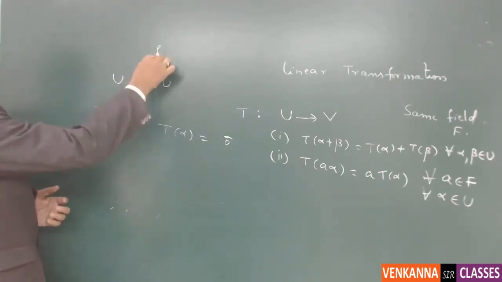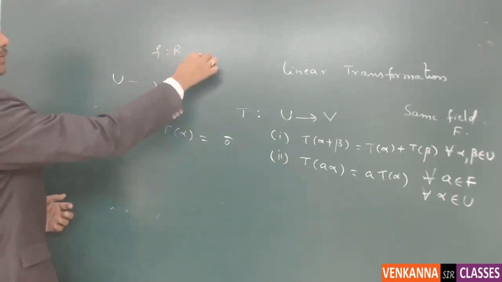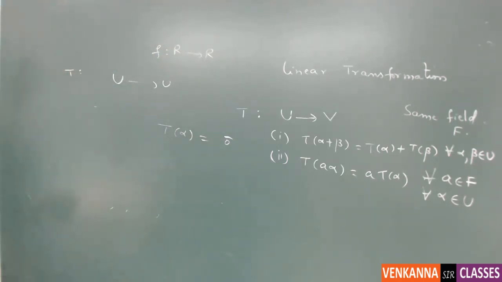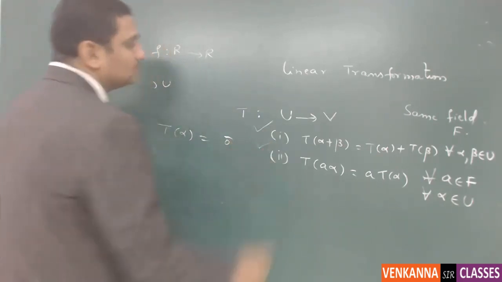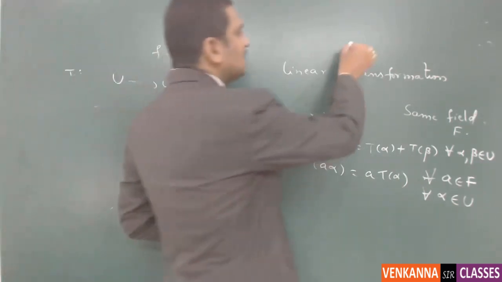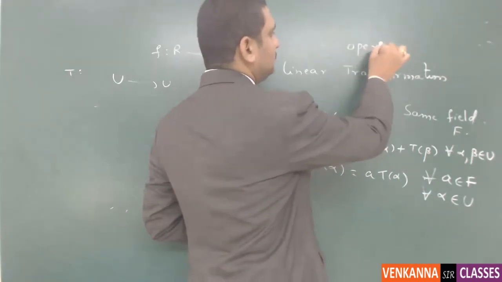It is just like f is a function from R to R. So I take a function T from U to U which satisfies the two conditions. Then it is also called a linear transformation, and since domain and codomain are both the same, apart from calling it a linear transformation, we call it a linear operator.